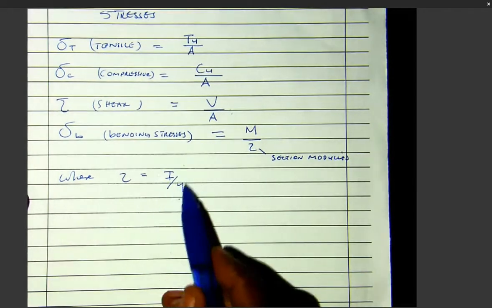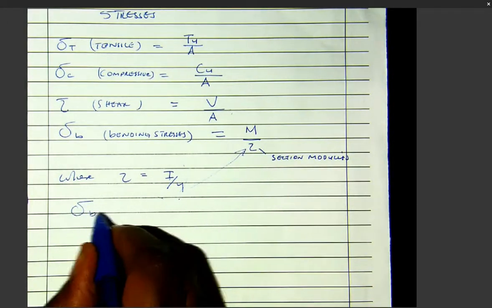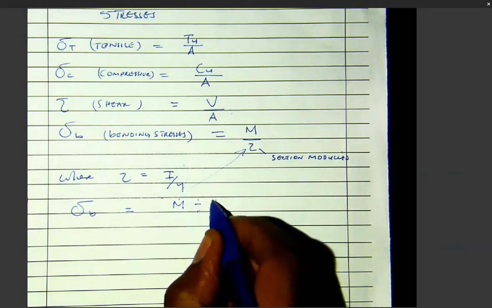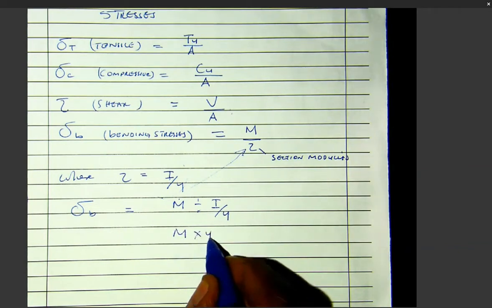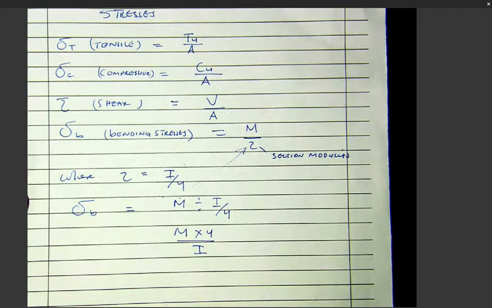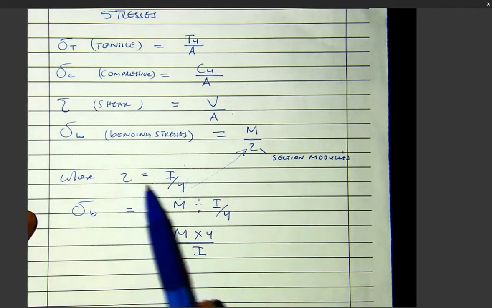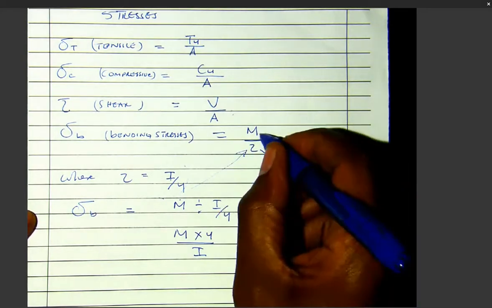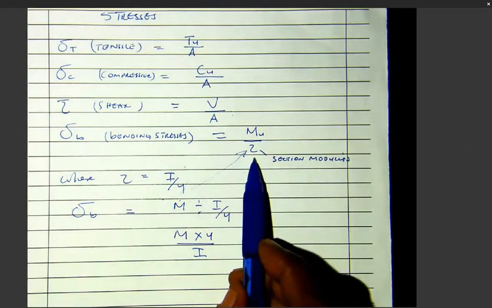So if you take this and substitute in there, your bending stress is going to be your M divided by I all over Y, which is M times Y divided by I. So depending on how you want to approach the question, you can calculate Z on the side, and then you say it's my applied moment, you know how to calculate moments, divided by Z.